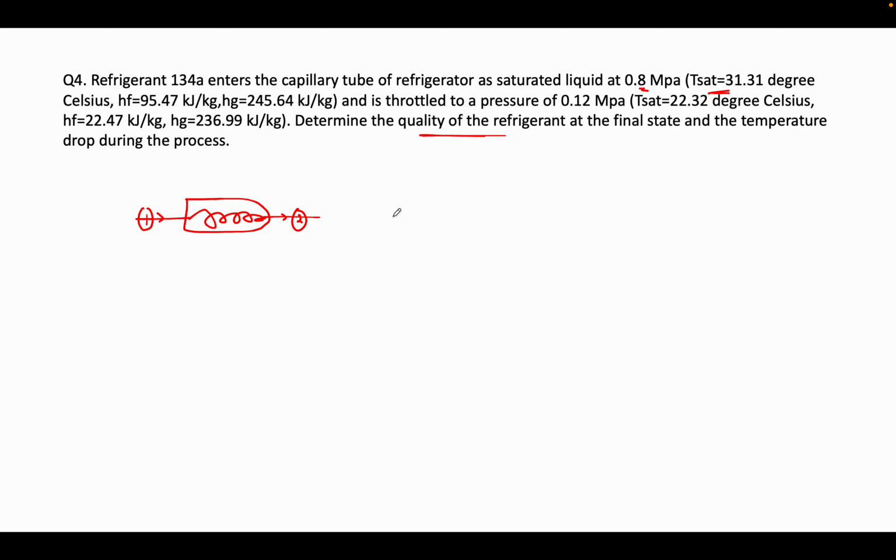P1 is given as 0.8 into 10 to the power 3 kilopascal, and P2 is given as 0.12 into 10 to the power 3 kilopascal. It is throttling, which means the pressure decreases, so we have to calculate the final state at which it comes out.